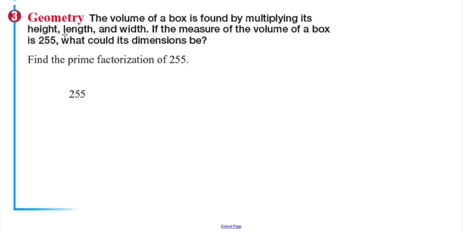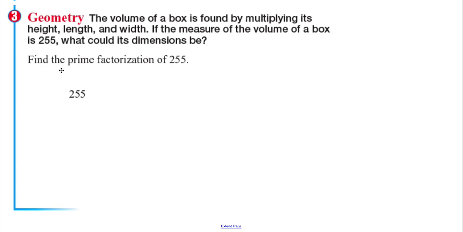Pay attention to this example because this example will have a similar question on the test. So first let's look at the question. If the measure of the volume of the box is 255, what could its dimensions be?